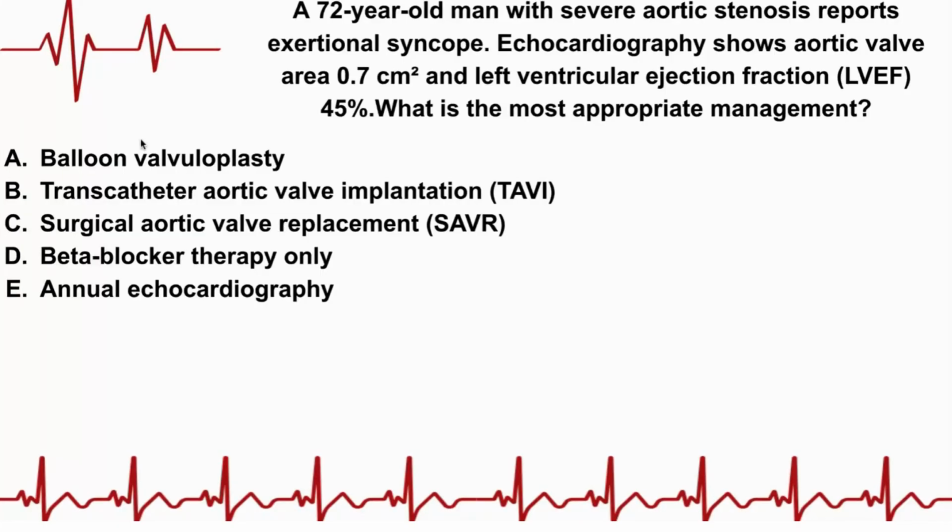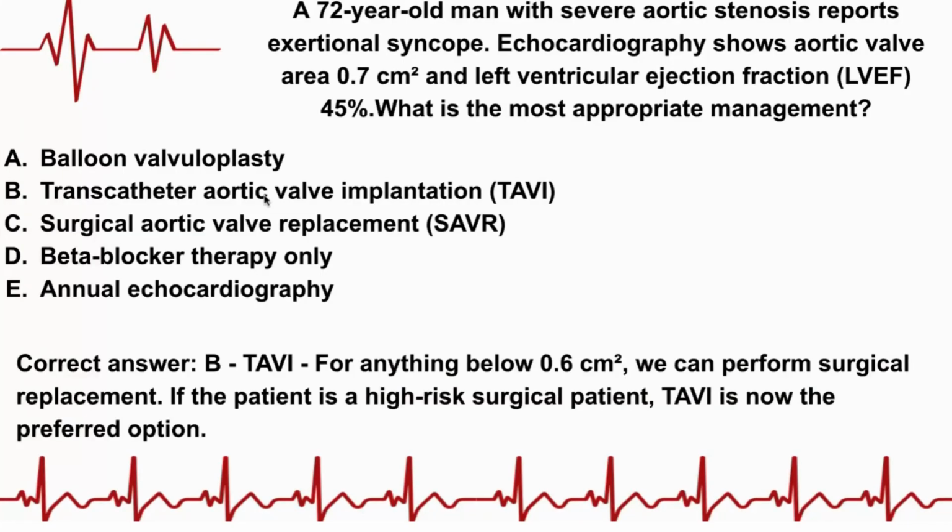Yeah, great. The answer is B. So we do TAVI because for anything below 0.6 centimeters squared of valve area, we can perform a surgical replacement. But if the patient is a high risk surgical patient, TAVI is now the preferred option.